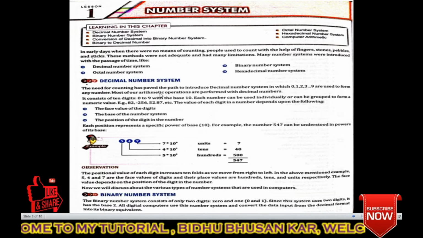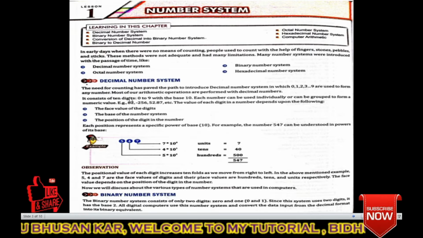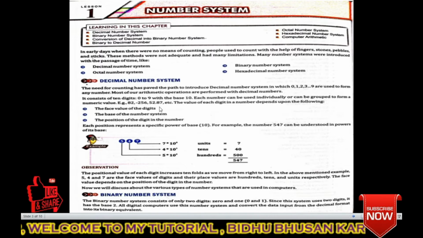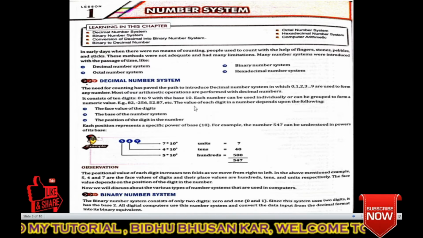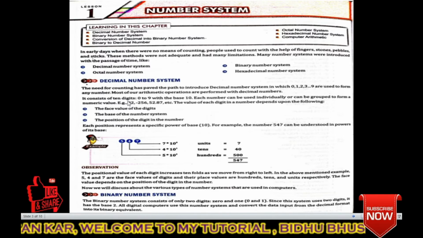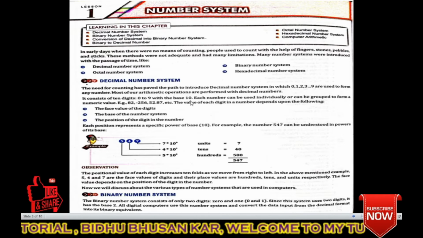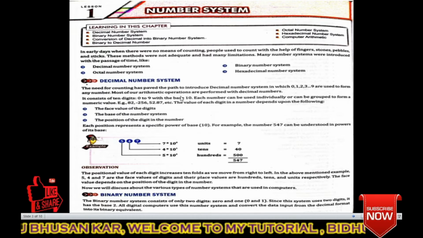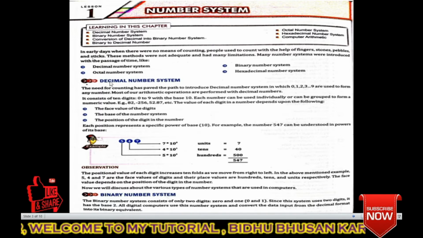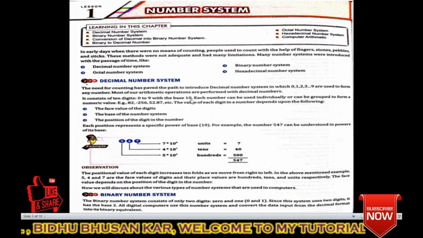Means all the counting numbers, we start from 0 to 9. With that digit we are able to form the numbers. It consists of 10 digits, that means 0 to 9 with the base 10. Base 10 means it is decimal number system. Always remember decimal number system has base 10.